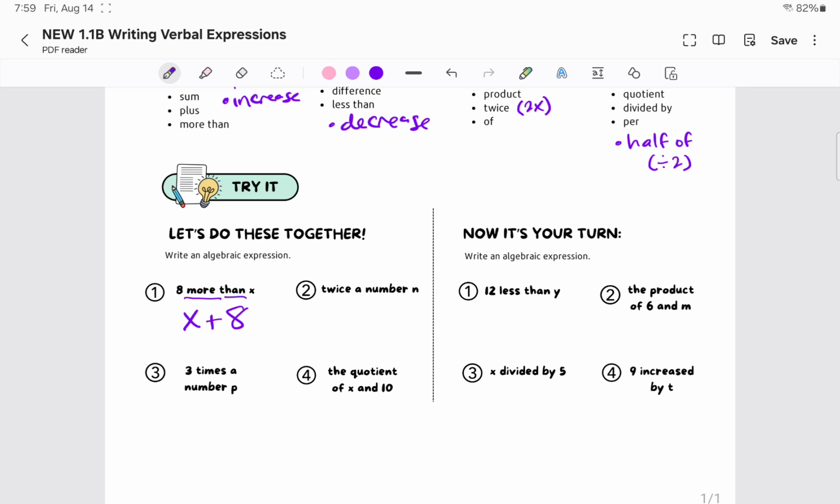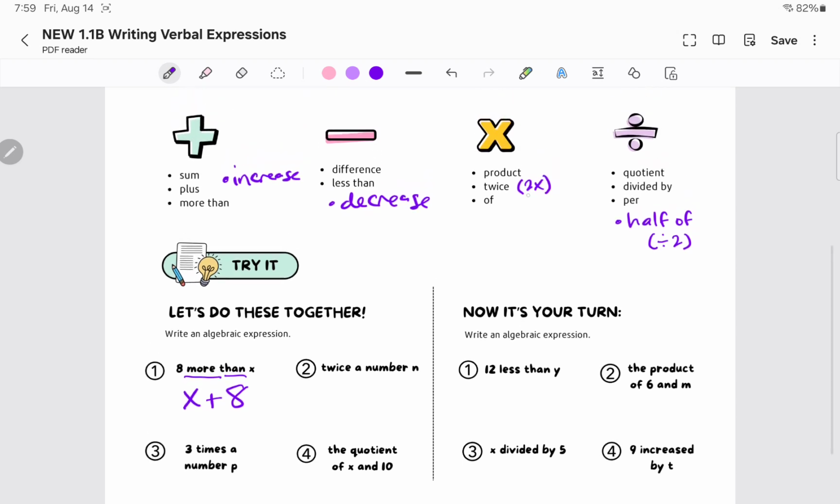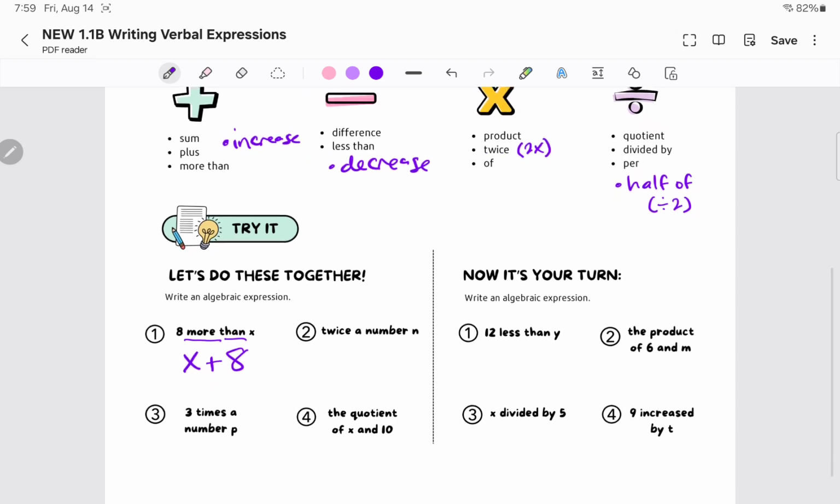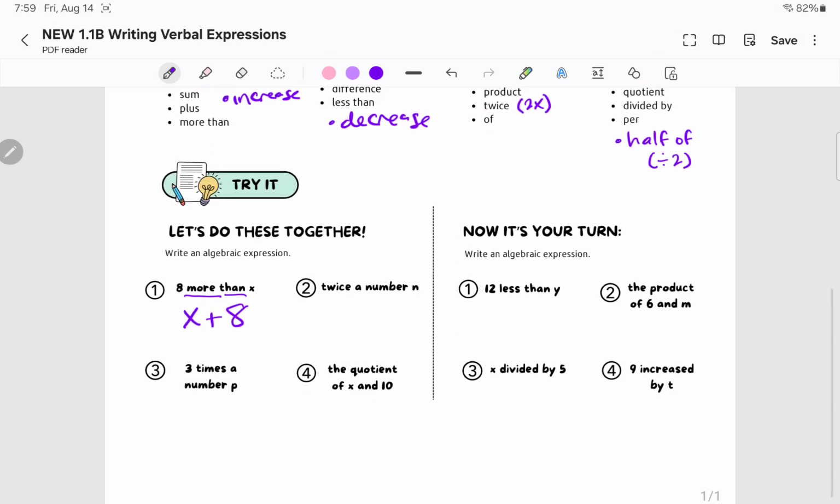All right, number 2, twice a number n. So I'm going to think to myself, what does twice mean? Remember we put up here that it means 2 times the variable. So if the variable is n, twice a number n is going to be 2n. For number 3, 3 times a number p.